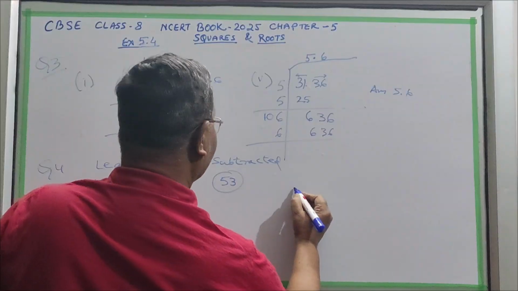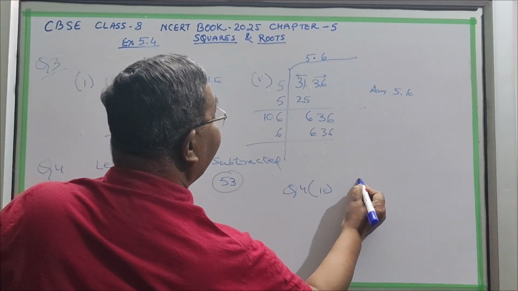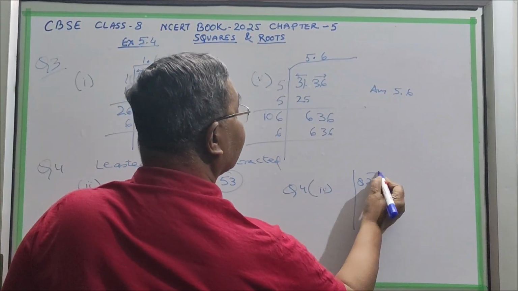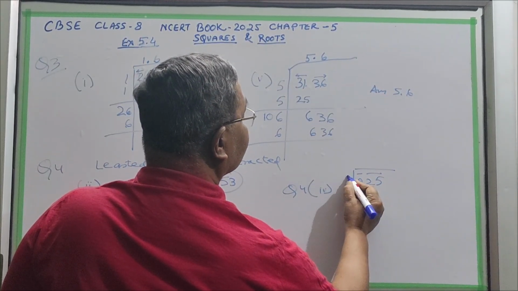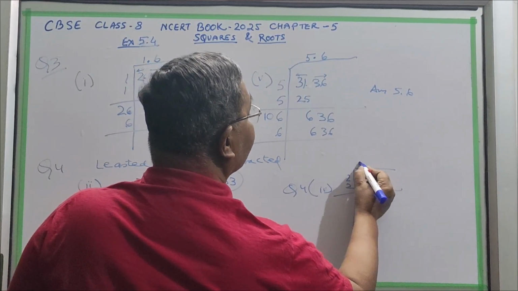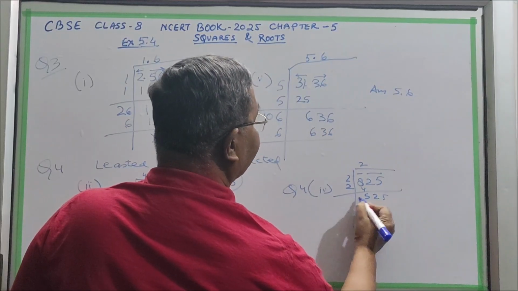Okay. In this way, for another question we are taking question number 4. 8, 2 and 5. So we will go by this way. So 2 2s are 4, 3 3s are 9, that is exceeding. So 2 2s are 4. So 5 2 5 becomes. Here it is 4.